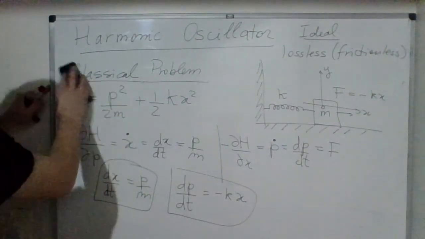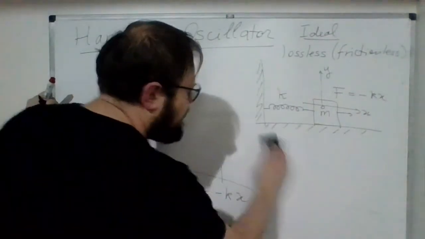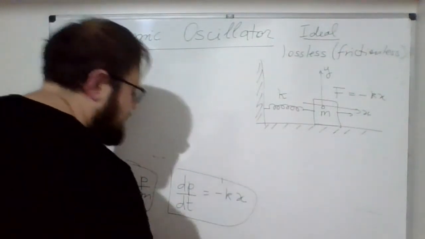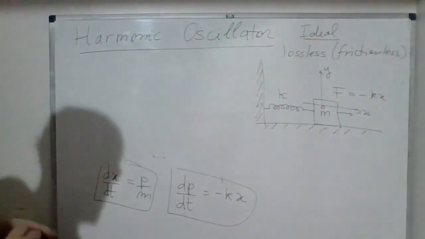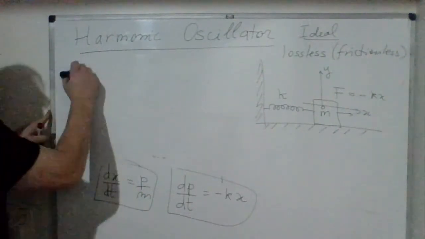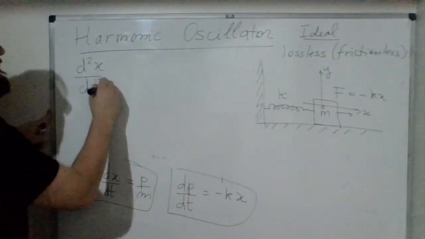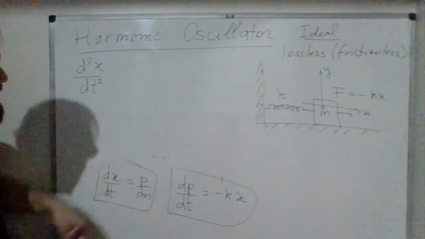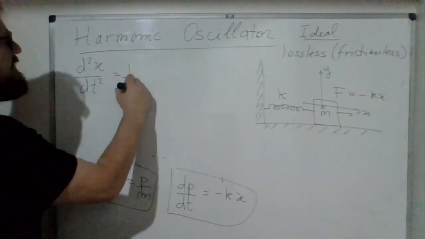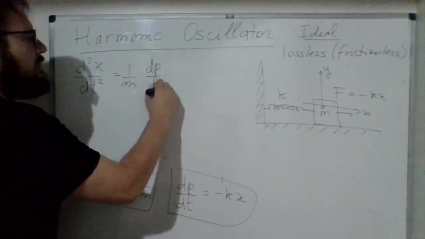So we can solve this problem classically. Consider taking the derivative of this equation here. If you take the derivative, you'll find a second order derivative of the position of the particle, but this is just 1 over the mass times the derivative of the momentum, all right?